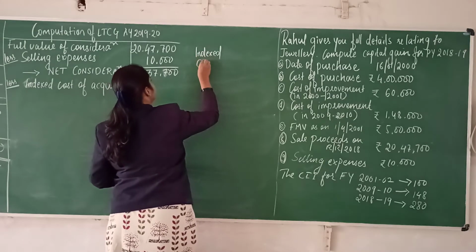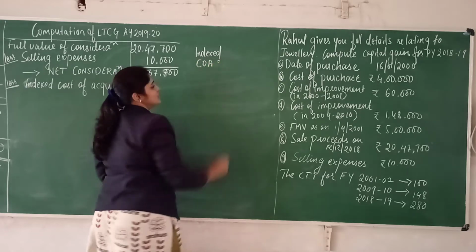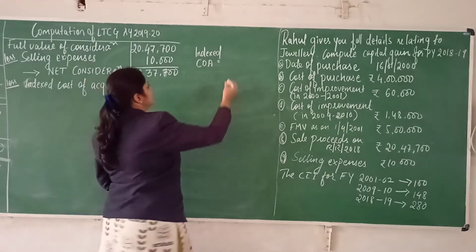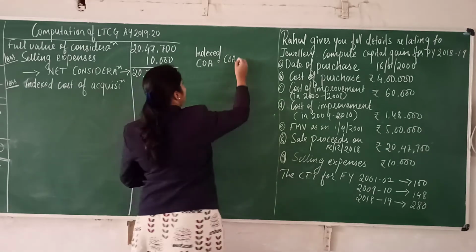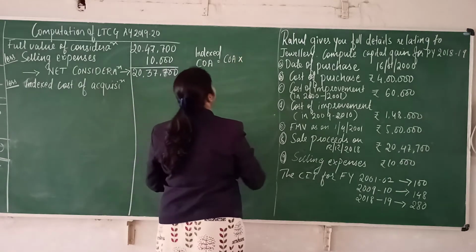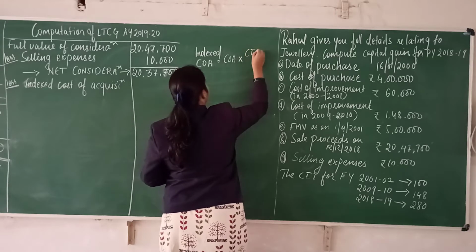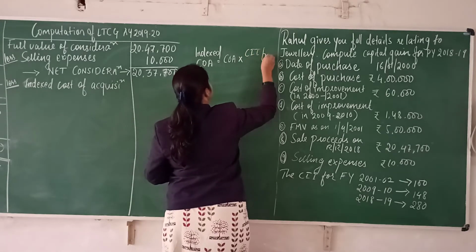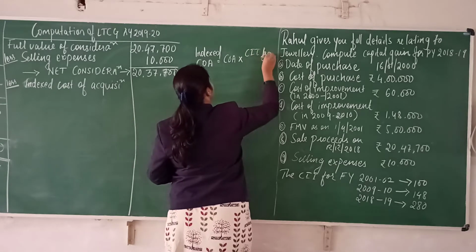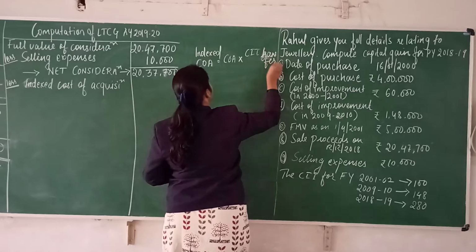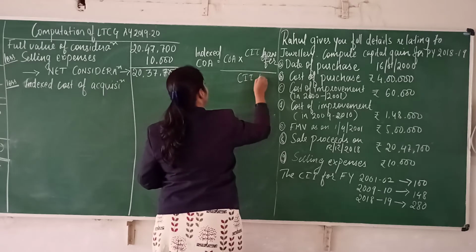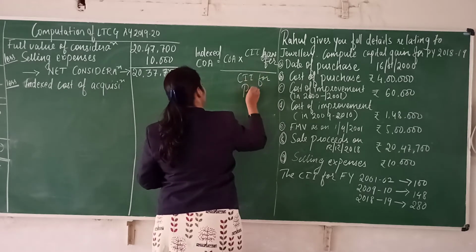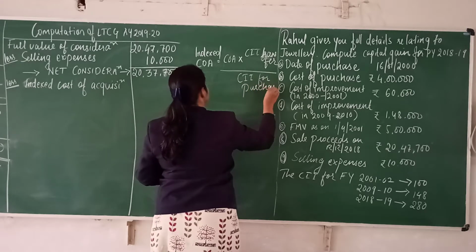Indexed cost of acquisition. The formula is cost of acquisition into CII for the year of transfer upon CII for the year of purchase.